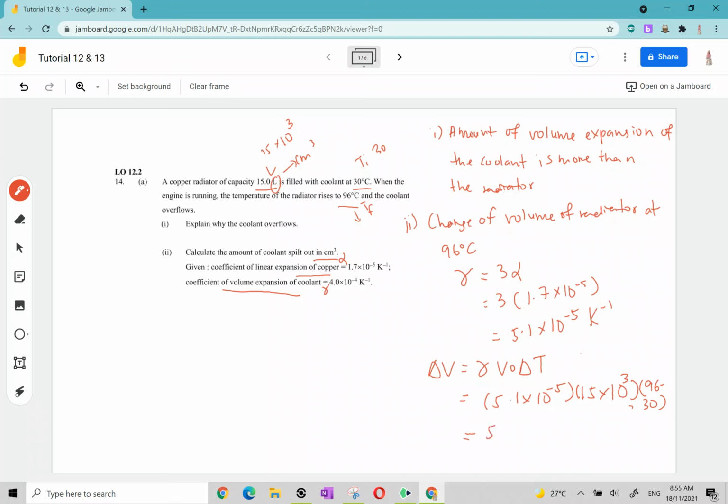So you will get 50.49 centimeter cube. This is the change of volume of the radiator at 96 degree.